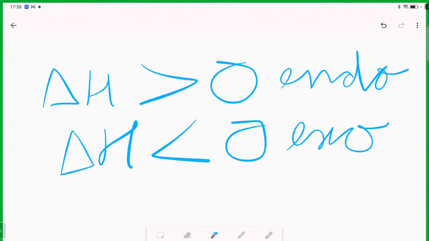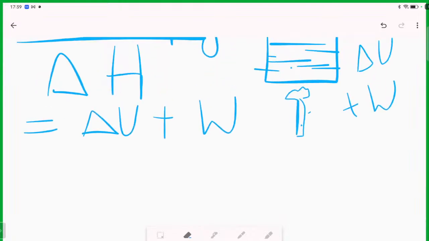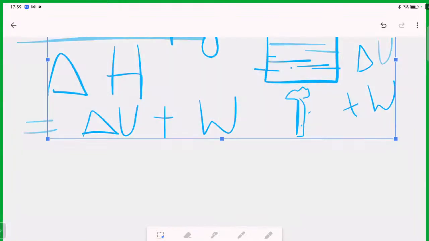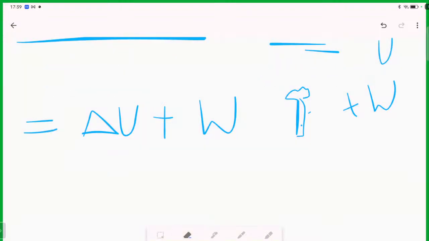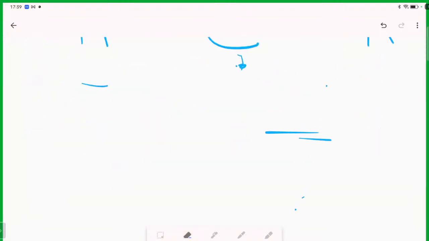The next question ये था कि orbitals of calcium. The question was about Ca orbitals. So let's talk about Ca orbitals. अगर हम calcium, when we talk about calcium, we should remember its atomic number.